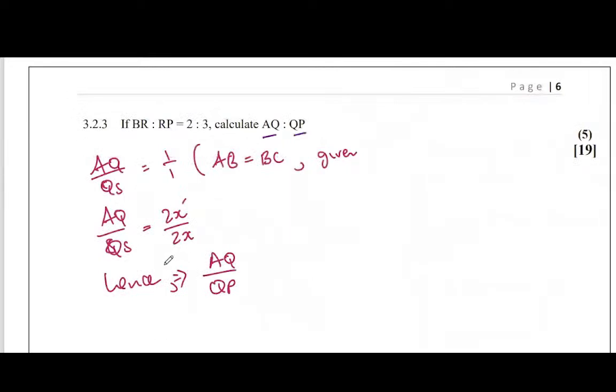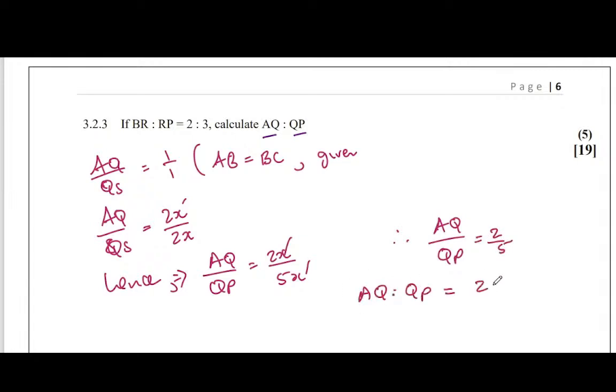I'm just going to say our AQ is 2x over 5x. Therefore, if I cancel out my x's, the ratio of AQ over QP is 2/5, or I can say AQ to QP is the same as 2:5.